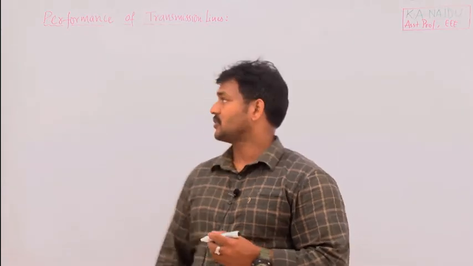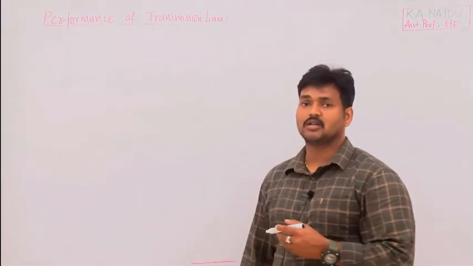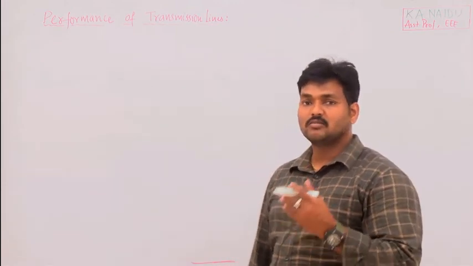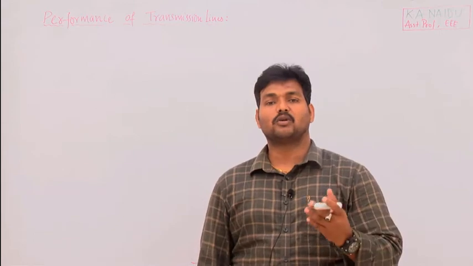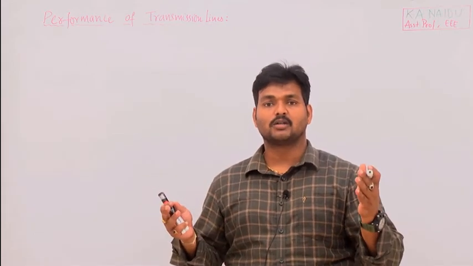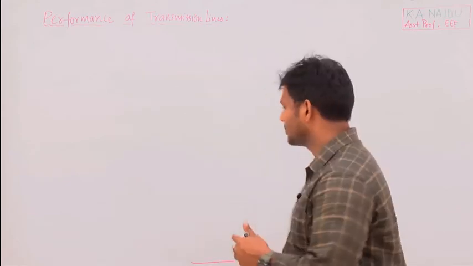Okay. So first of all, performance of transmission line. You know what is a transmission line. So transmission line is nothing but a conductor or a group of conductors that are used to transmit power from one point to another point with the help of transmission towers.